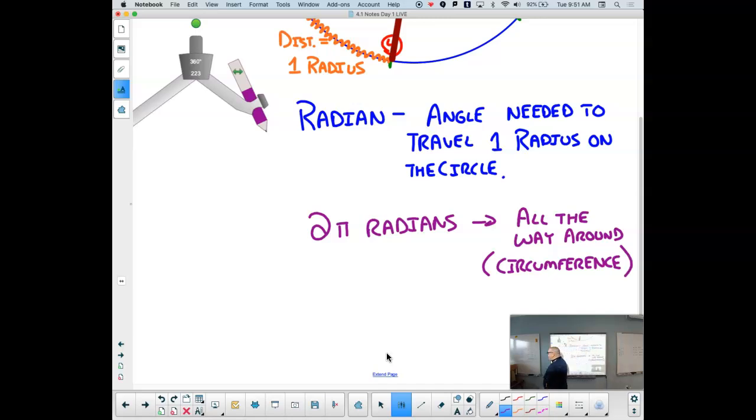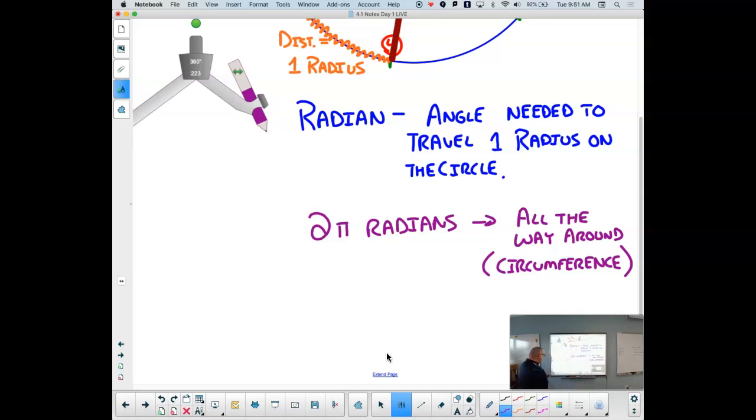So 2 pi radians, or 2 pi times the radius, is the circumference of the circle. And that's where that comes from. Love it, love it, love it.